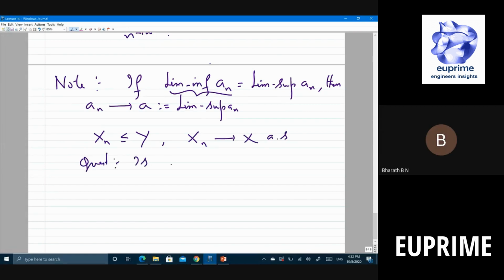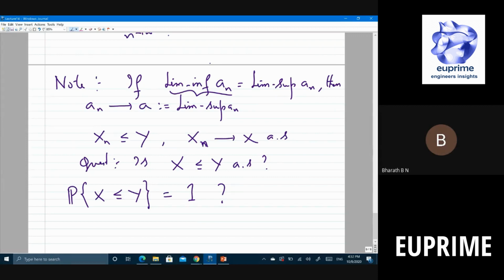The question is: is X less than or equal to Y almost surely? So the question would be whether the probability of X less than or equal to Y is 1. That's what you're asking, right?